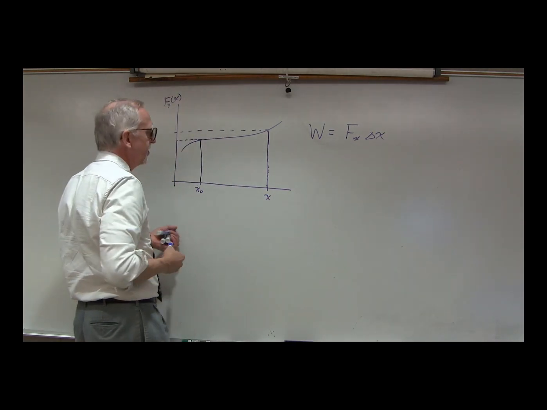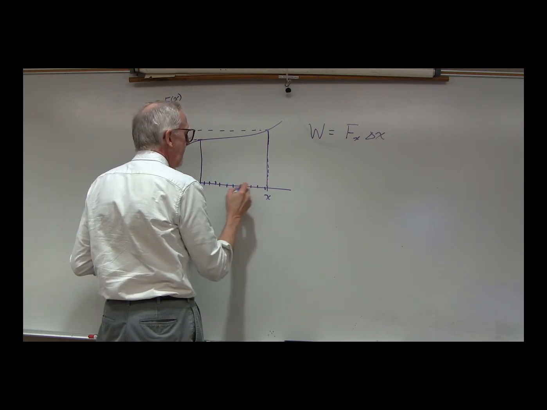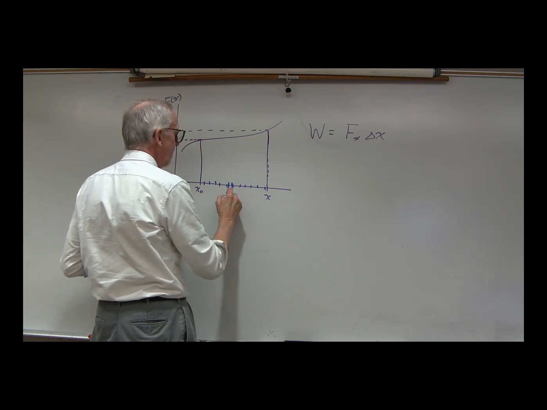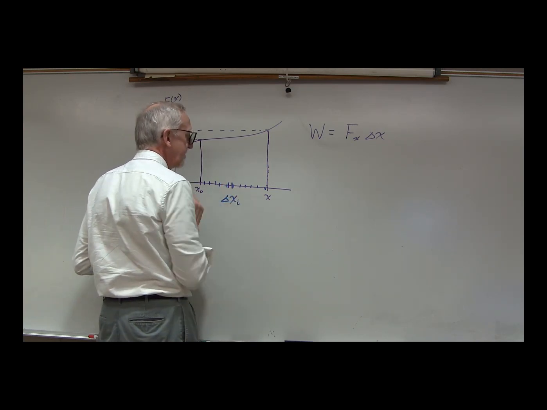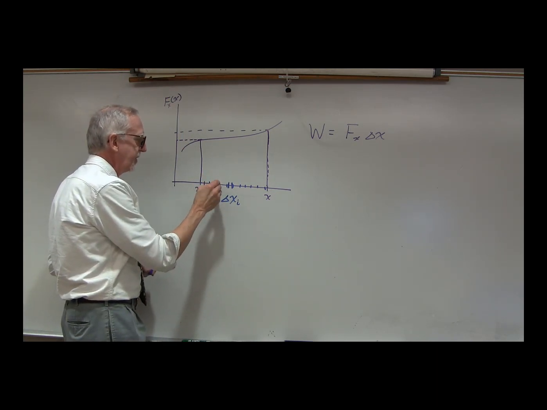So what we're going to do is imagine breaking up our displacement here into small little distances of delta x. And I'll say delta x sub i, because we'll have delta x1, delta x2, delta x3, delta x4.